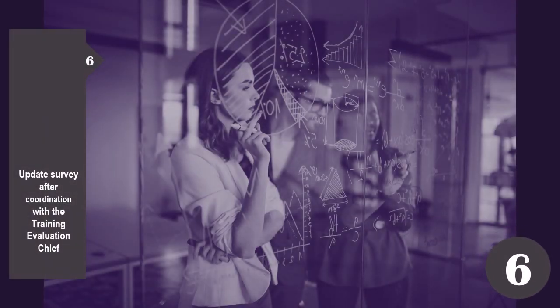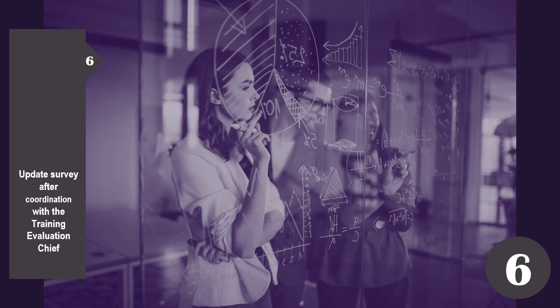At this point, you will want to take all the feedback received from the stakeholders and discuss it with the training evaluation chief. Since creating the FEQ is formulaic and stakeholders may want deviations, it is important to discuss any changes that do not follow the traditional process with your boss before making them. Once you and the evaluations chief have adjudicated the feedback, you can update the Qualtrics survey.